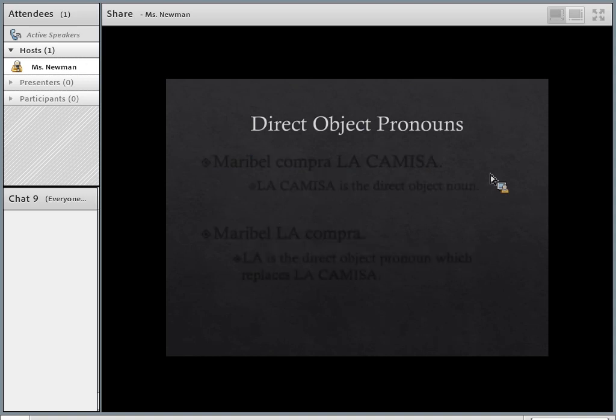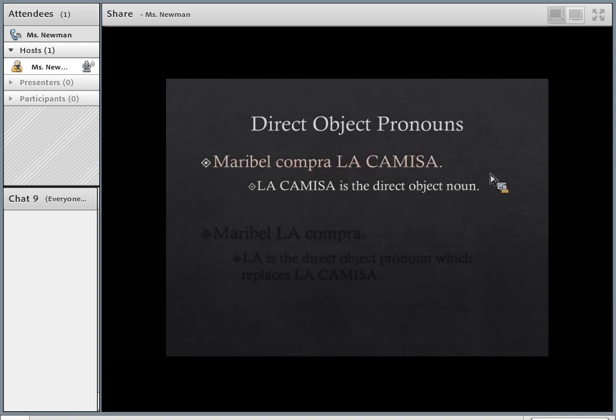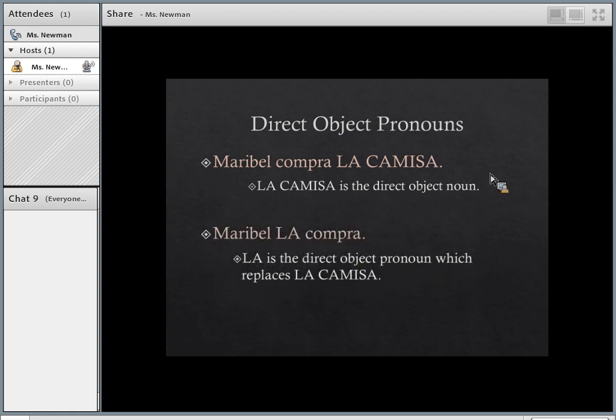So let's look at this in Spanish now, the same example. Maribel compra la camisa. So Maribel buys the shirt. La camisa is the direct object noun. Now we're going to replace it with a pronoun. Maribel la compra.